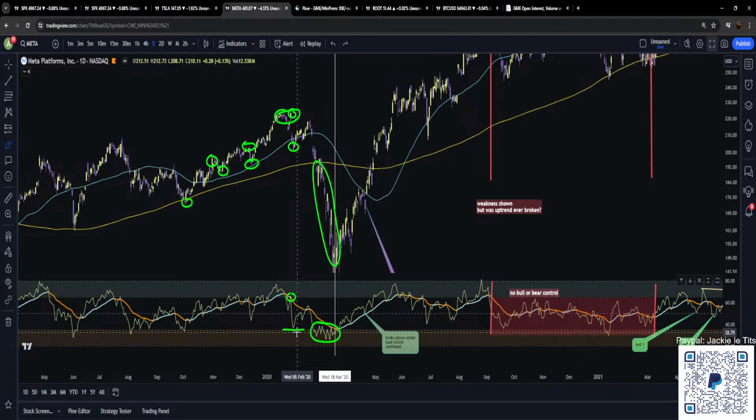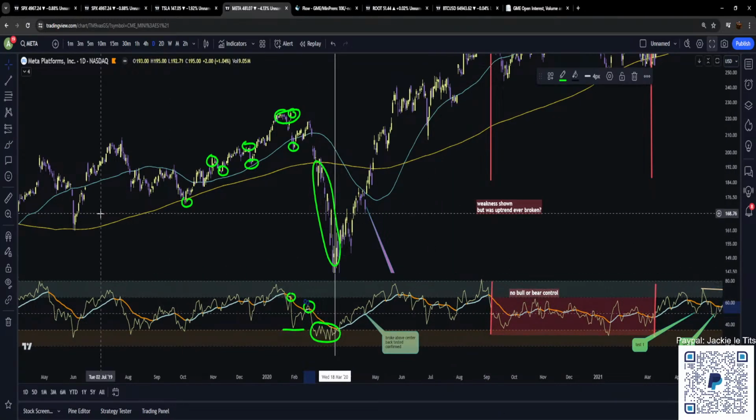You can see that RSI almost perfectly bounced off of that bearish control zone. So the time to be bearish was not here. The time to be bearish happened right here. And why did it happen right there? This is how we use all these things in combination to help us identify really good trades.